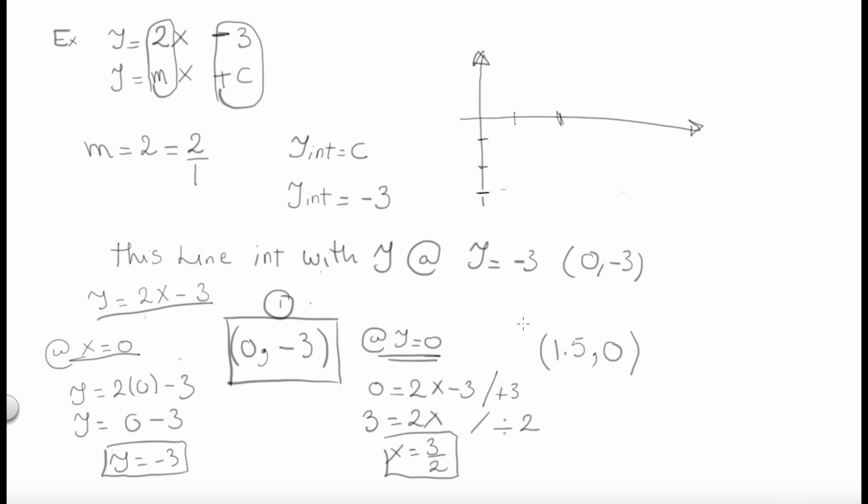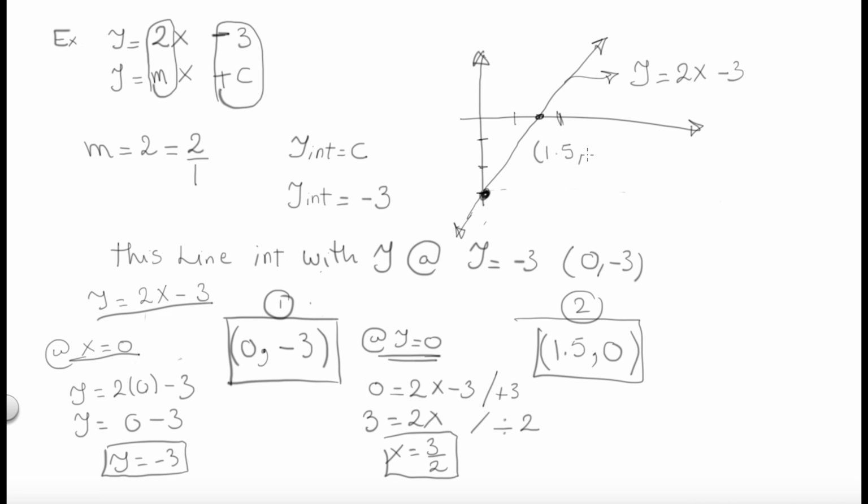So the first point, we said, is 0 and minus 3. X is 0, minus 3. So this is our first point. The second one, when x is 1.5 and y is 0. So if we draw, this is the line with the equation y equals 2x minus 3. Don't forget to put your coordinates, so 1.5 and 0 for this point, and for this point 0, negative 3.